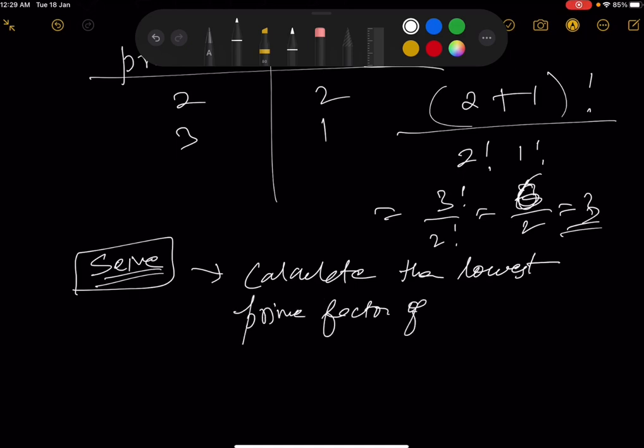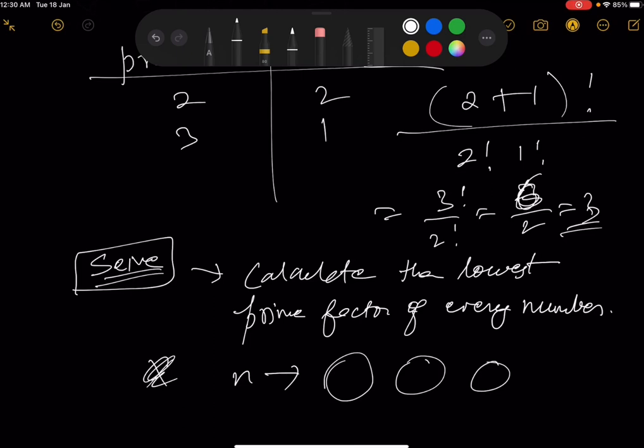After calculating the LPF, or lowest prime factor, of every number, given any number n, you can find all its prime factors and how many times each occurs in n, in order of log n time.